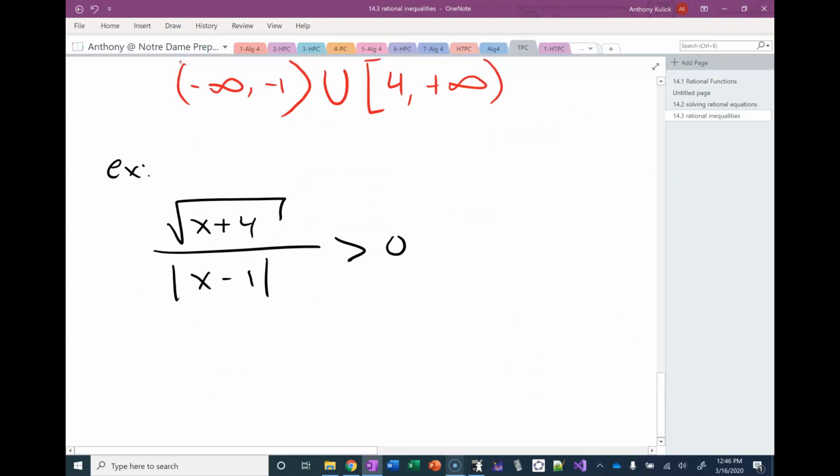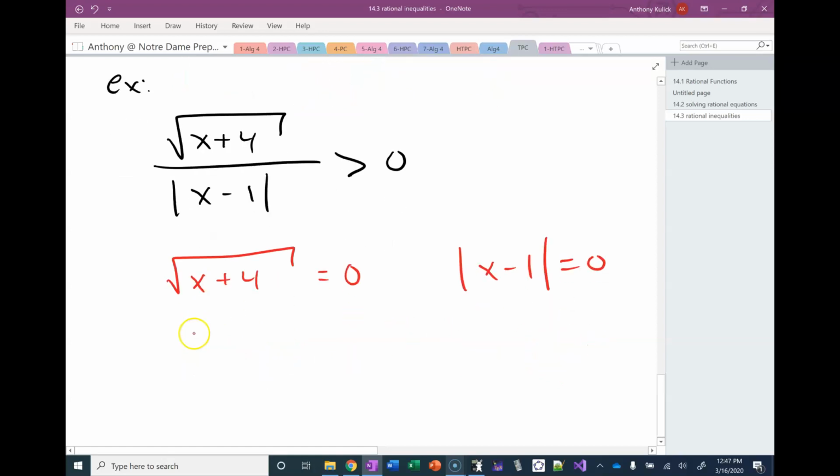First things first, we need to worry about where this can change signs. So I need to worry about where the numerator can be 0. And then where the denominator can be 0. So if I square both sides, I get x plus 4 equals 0. And I subtract 4 from both sides, I get -4.